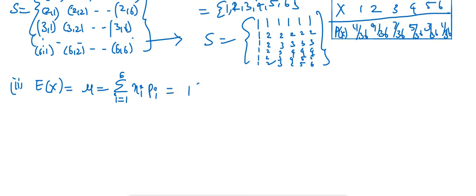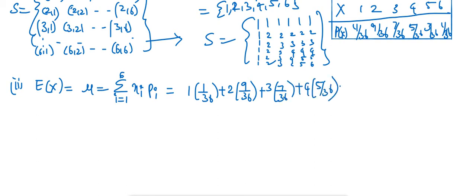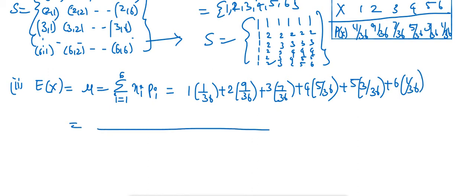It is equal to 1 into 11 by 36 plus 2 into 9 by 36 plus 3 into 7 by 36 plus 4 into 5 by 36 plus 5 into 3 by 36 plus 6 into 1 by 36. 36 is common for all the denominators, so taking the LCM 36: 1 eleven is 11, plus 2 nines are 18, plus 7 threes are 21, plus 4 fives are 20, plus 5 threes are 15, plus 6 ones are 6.